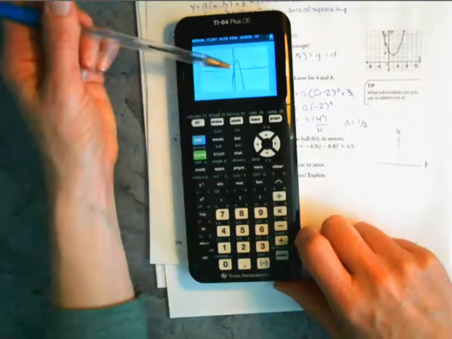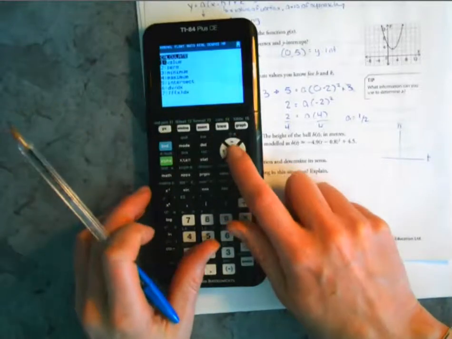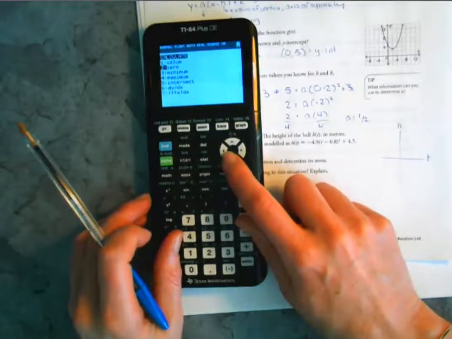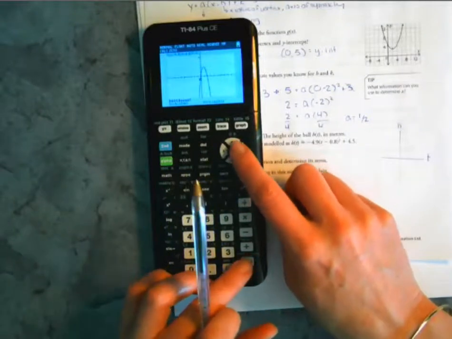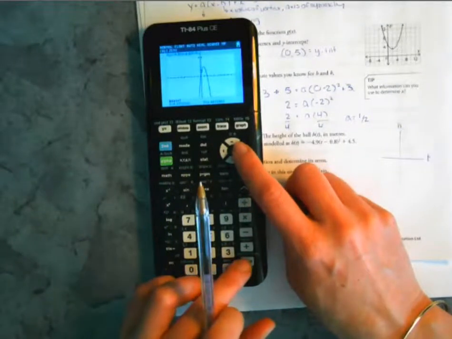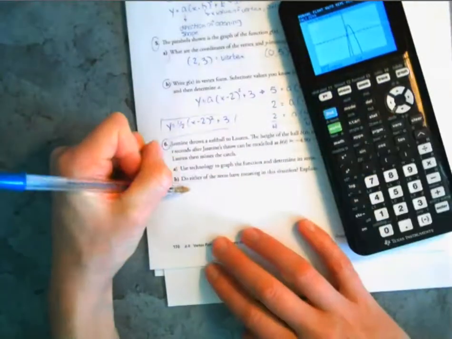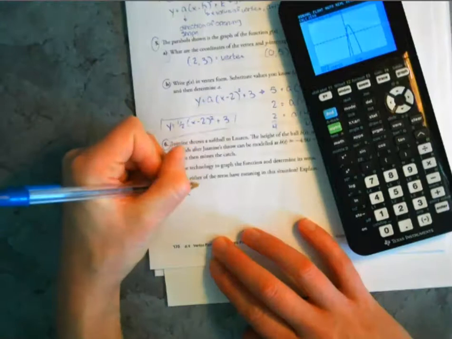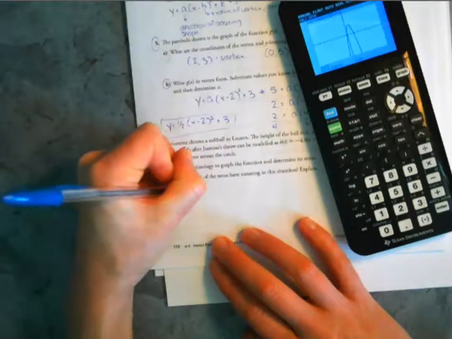And here we are. So we wanted to determine its zeros. So we're going to use second function trace, use the zero. And so left bound, right bound, and guess. So we end up with our first zero is negative 0.158.